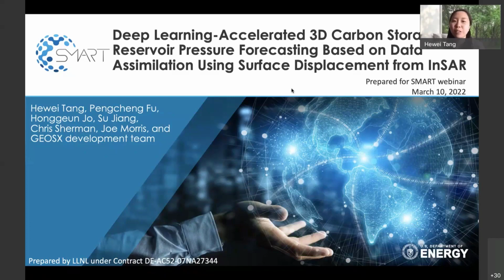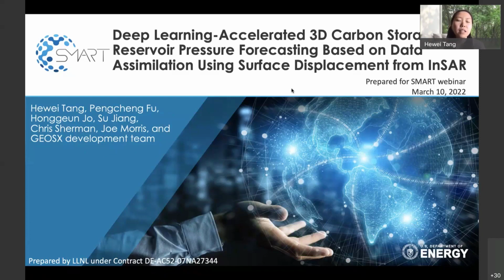It's my great pleasure to represent our Lawrence Livermore team to present some of our recent work for Smart Task 4, to build a deep learning accelerated data assimilation workflow for pressure forecasting using InSAR data.